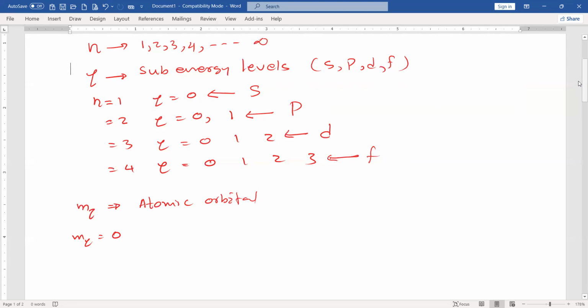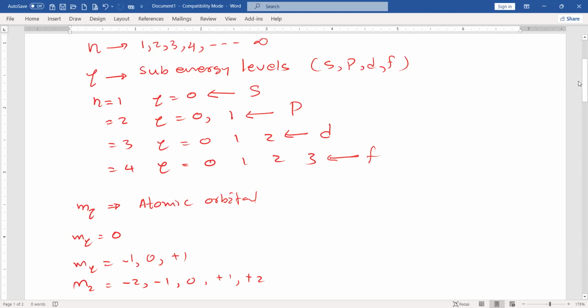If L equals 0, ML will be 0. If L equals 1, then ML will have -1, 0, +1. If L equals 2, then ML can take -2, -1, 0, +1, and +2.